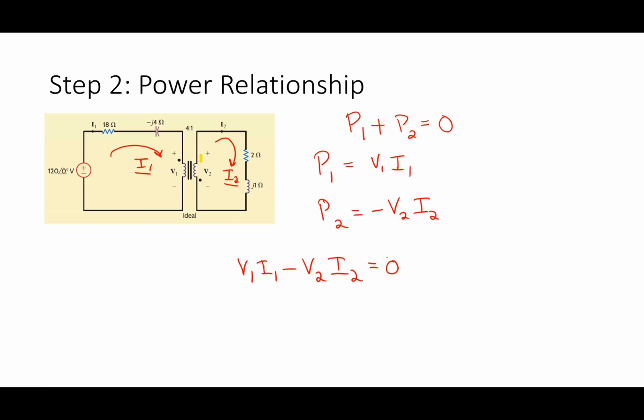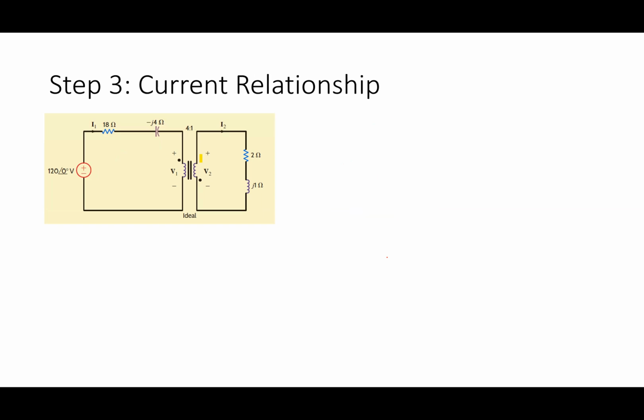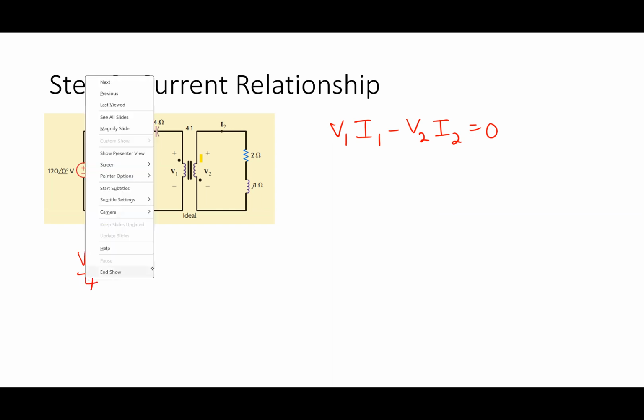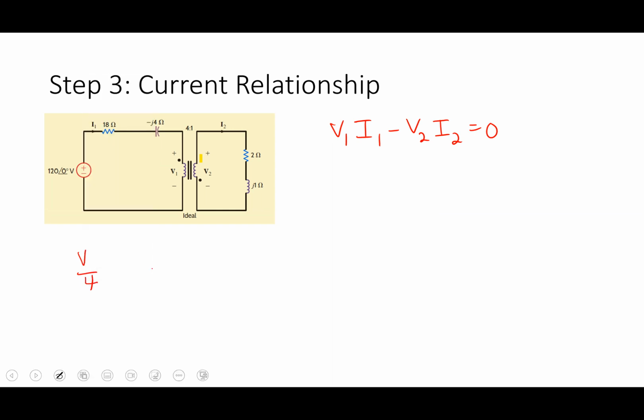The third step is to take that and turn it into a current relationship. So I'll start here and say, I got V1 I1 minus V2 I2 equals 0. And the voltage relationship that we had defined previously was that V1 over 4 equals negative V2.